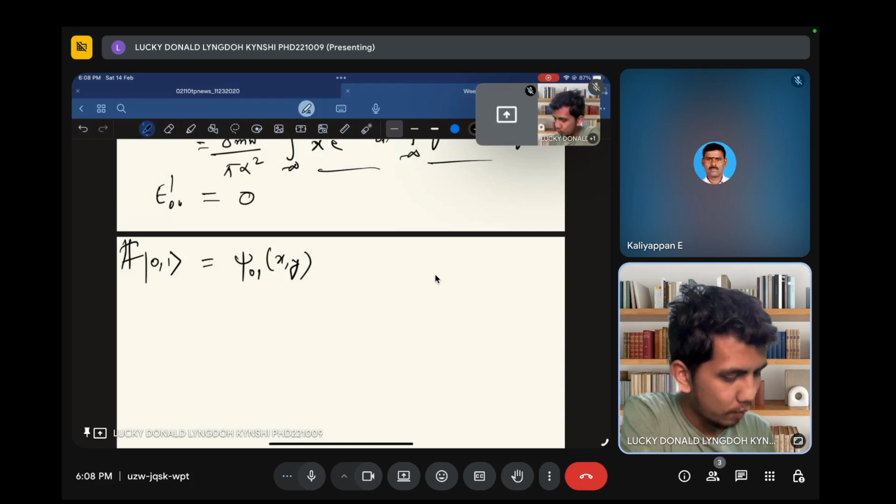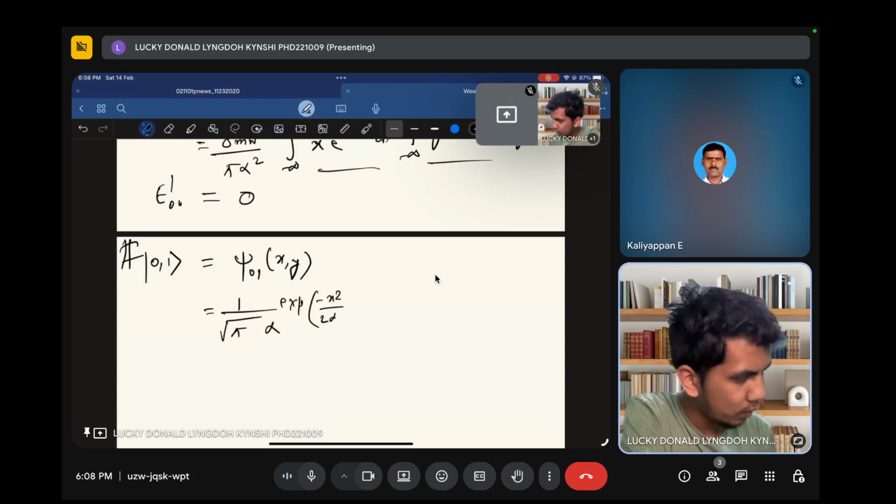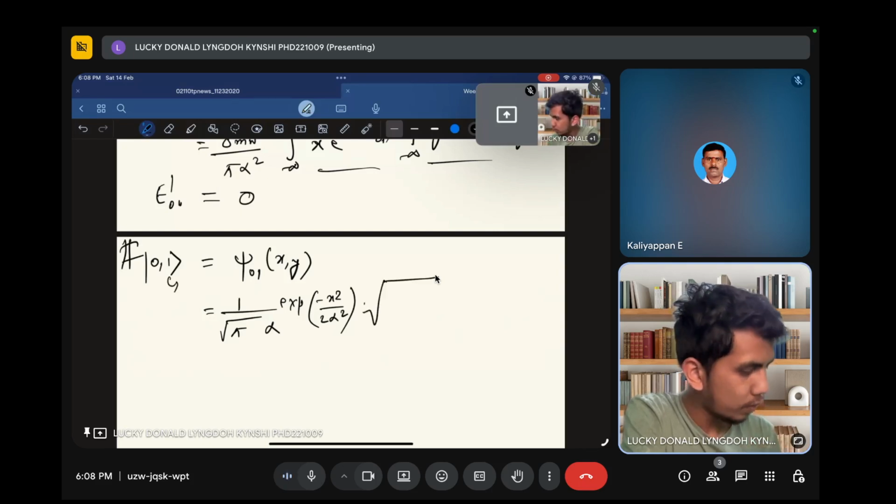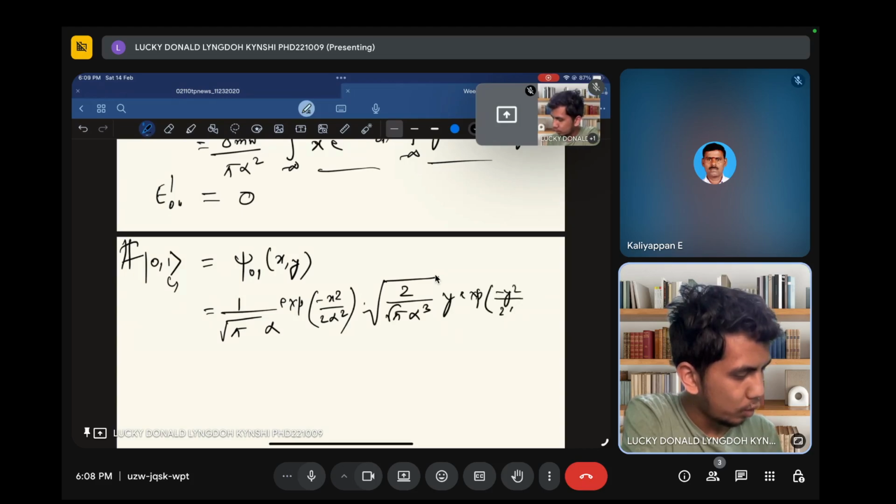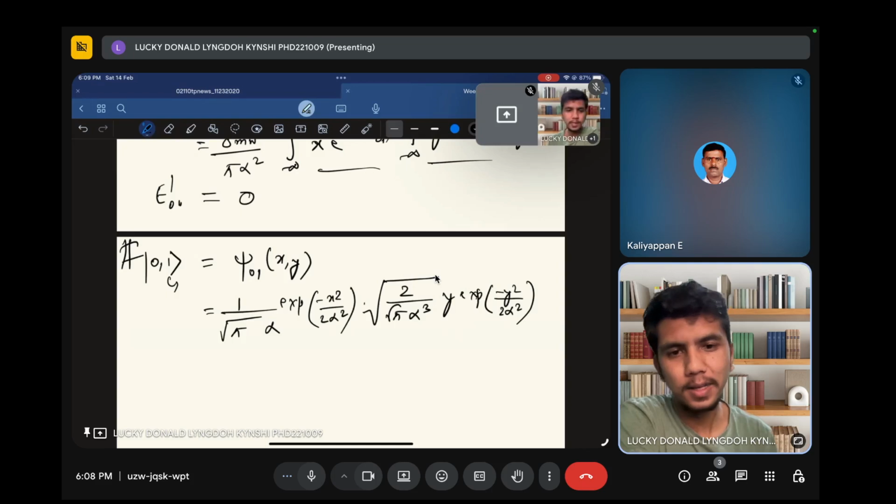So you will get something like this. 1 over root of pi alpha, you already know this is for n equal to 0, e to the minus x square by 2 alpha square. But for n equal to 1, you will have root 2 over root of pi alpha cube, y, exponential of minus y square by 2 alpha square. It's the same thing.